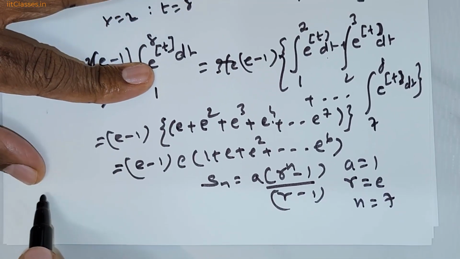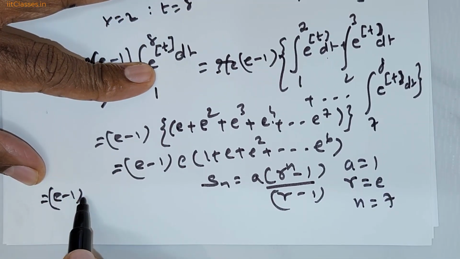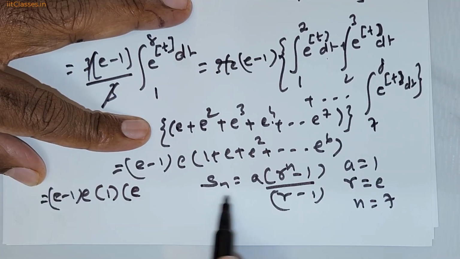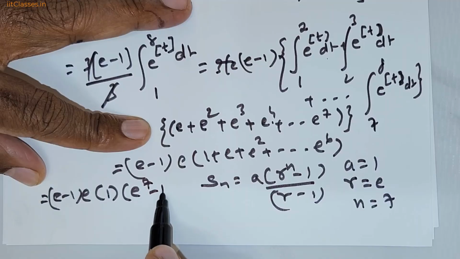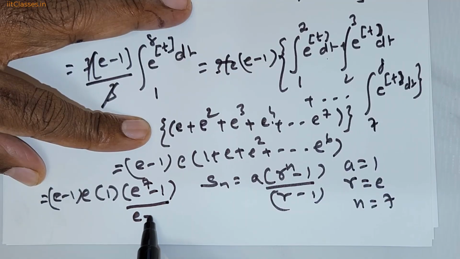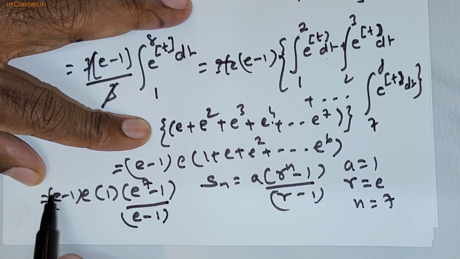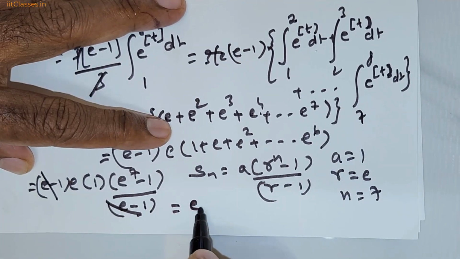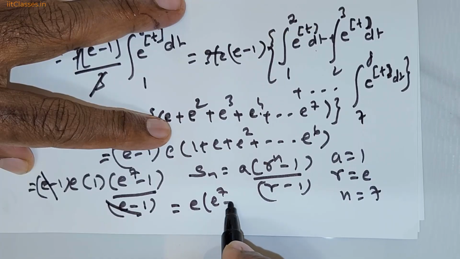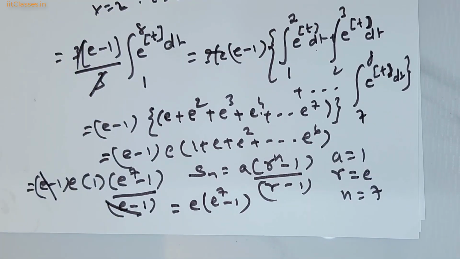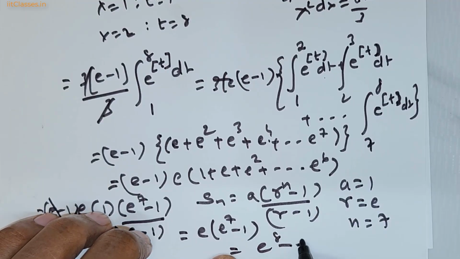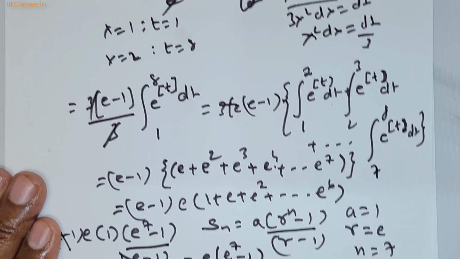So if you were to substitute that, this is e^(-1) times e times 1 times (e raised to the power of 7 minus 1) divided by (e minus 1). So e minus 1 gets cancelled, giving me e times (e raised to the power of 7 minus 1). Okay, so if you want to distribute that, you are going to get e raised to the power of 8 minus e. So this is the solution to this question.